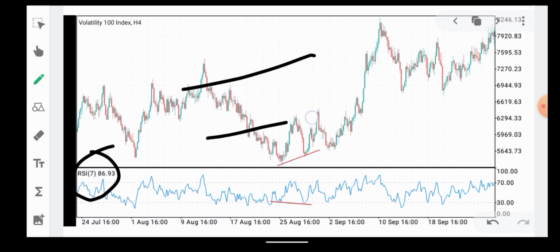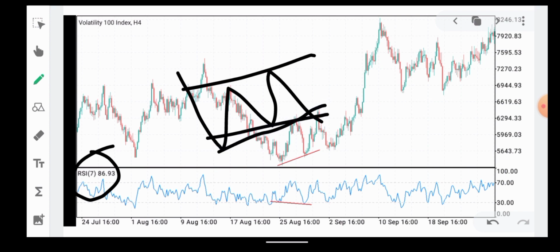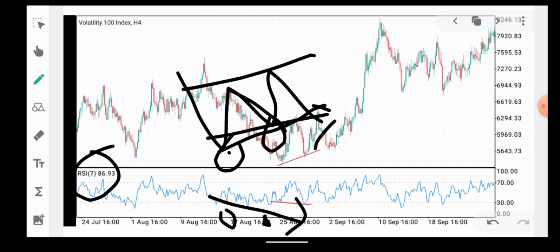Let's say your trend line, you can just connect the lows of this market, and if you see your indicator doing otherwise, going downward while your price goes upward, if you connect the two lows of this and the lows of the RSI, and you saw that price came to retest this trend line, you should say that at least I have a backup that is confirming my trade to be 90% sure that this market will buy or sell. So please, please don't use RSI or MACD as a strategy. Use it as confirmation of your trade.